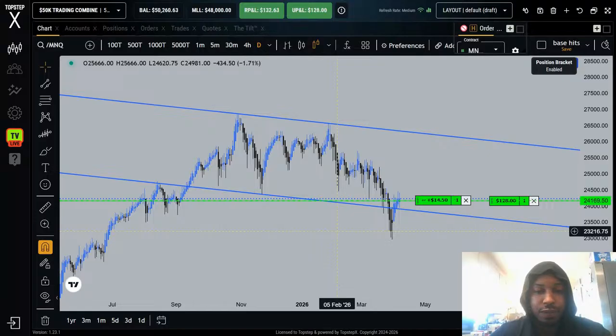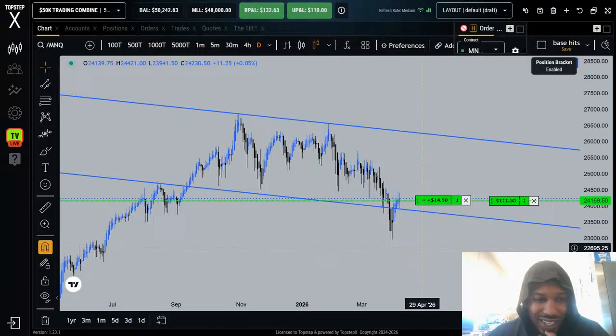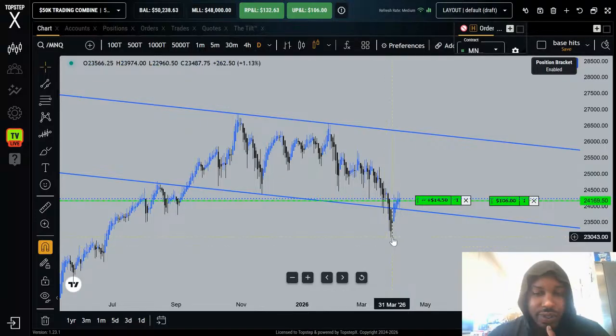I have one opposing thought to my longs, and it's because NASDAQ always looks for liquidity sweeps, and NASDAQ is really rich in divergences.